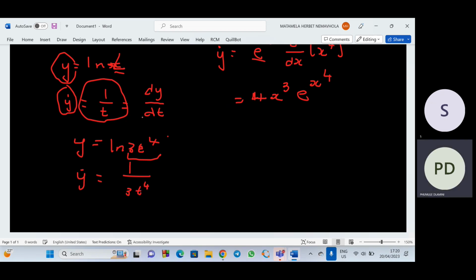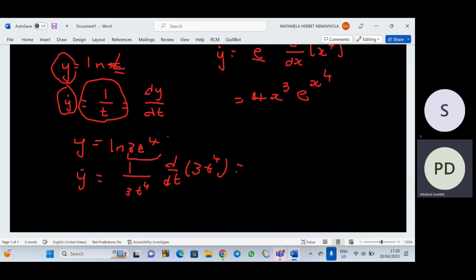Then we differentiate everything that is there, d over dt. I used to say d over dx, but now we are working in terms of t. So d over dt, in brackets, you differentiate 3t to the power 4.